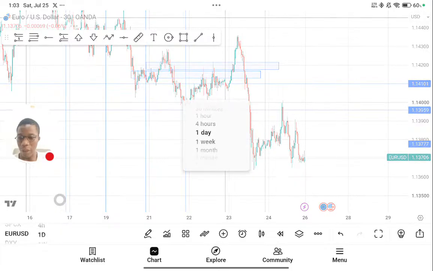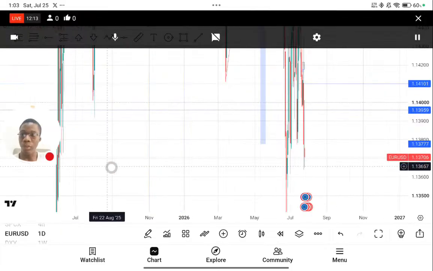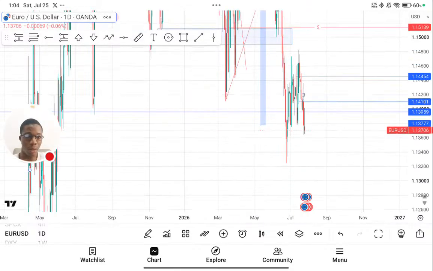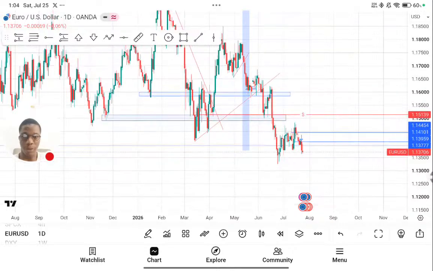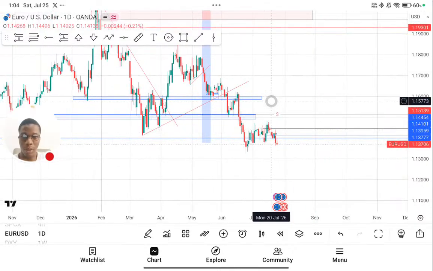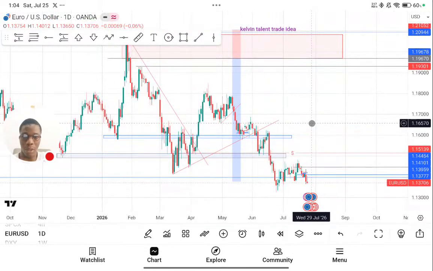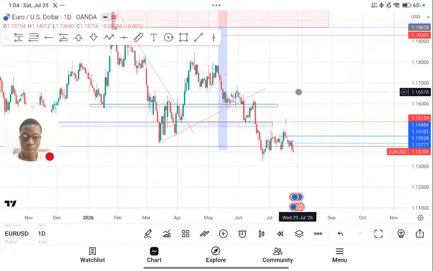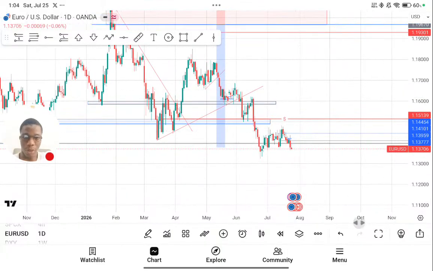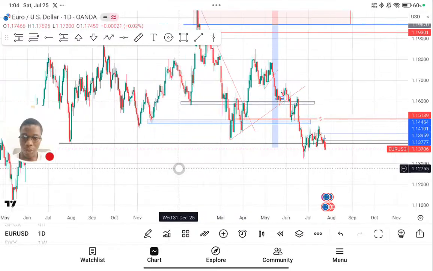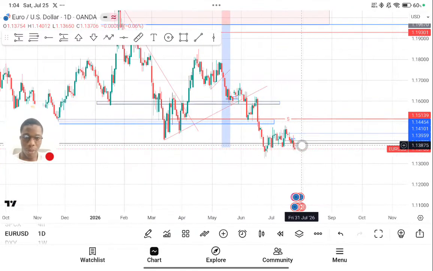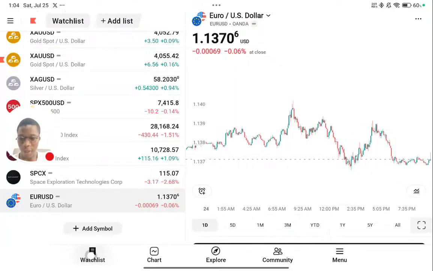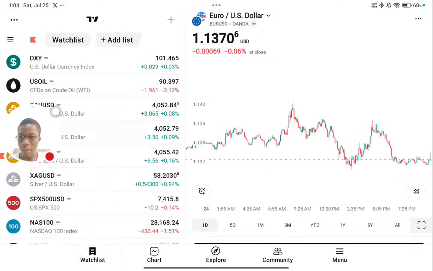Go from your daily time frame, and you could see I even have some marked up right here, and some marked up here. So this was a support, it got broken. Let's pick another pair. I don't like this Euro USD.